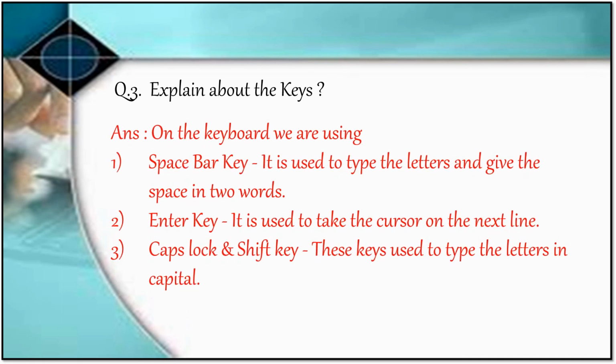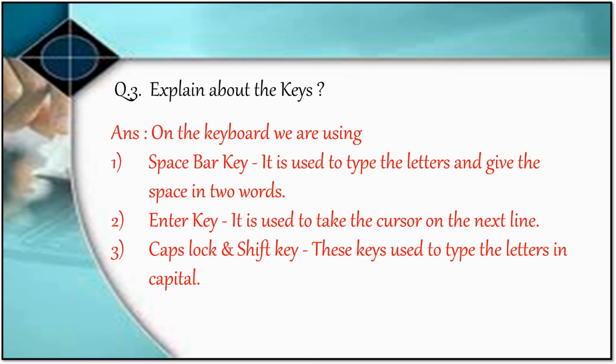And now students, here is our third question: explain the keys given in Notepad. Here is the answer. On the keyboard, the first button is the spacebar. This button is used to give space between two words or two letters.